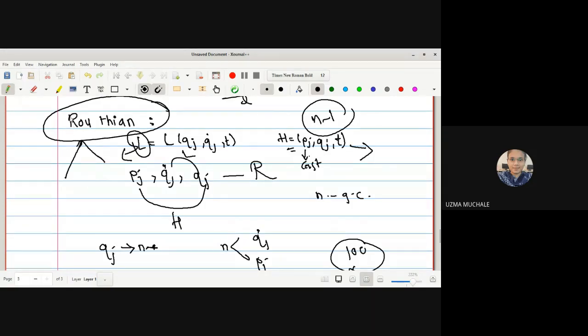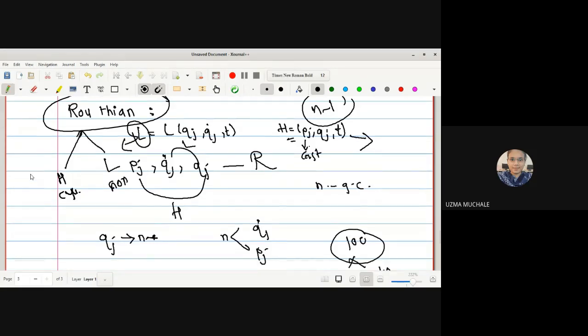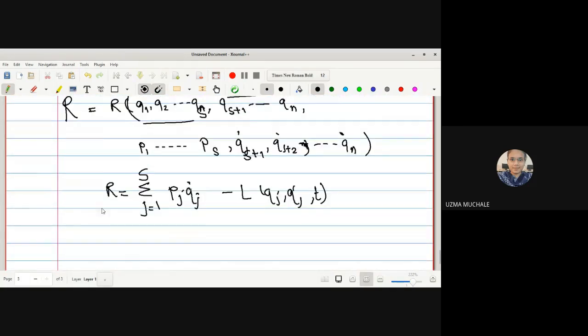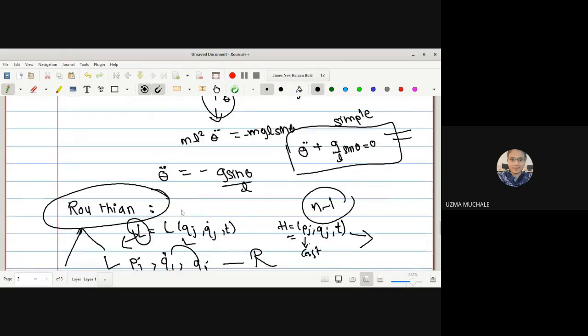In the next lecture, I will show that the Routhian will work as L in case of non-cyclic coordinates, and as H in case of cyclic coordinates, and how to solve examples by using R. That means R is for the system which involves cyclic as well as non-cyclic coordinates. For such a system, we are going to use the Routhian procedure, which works in between the Hamiltonian and Lagrangian.